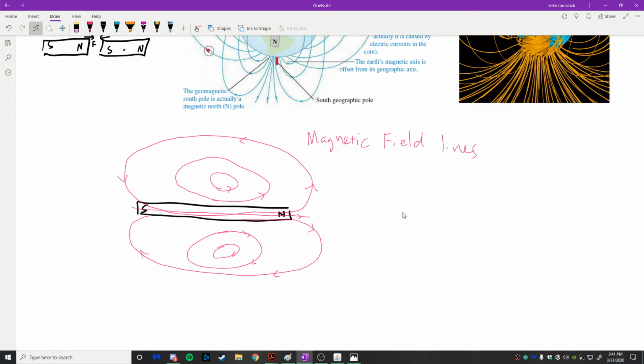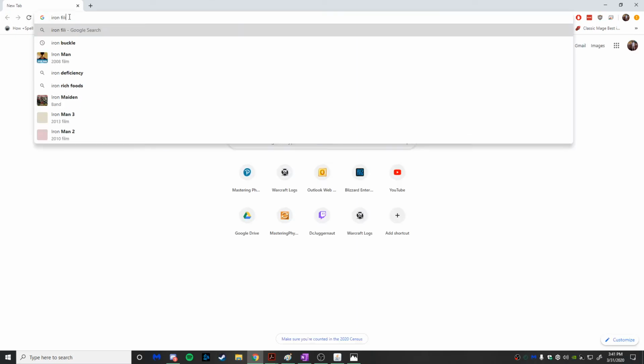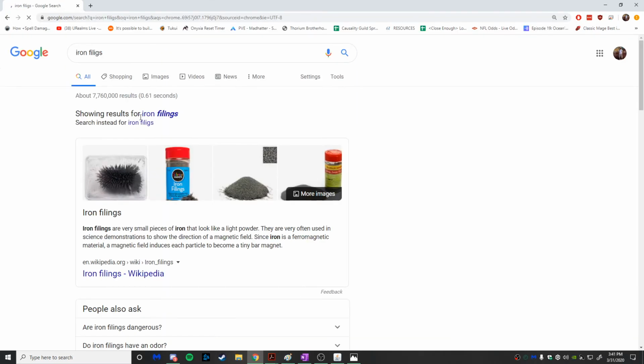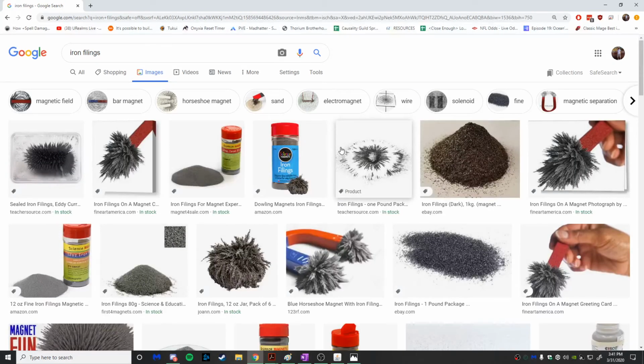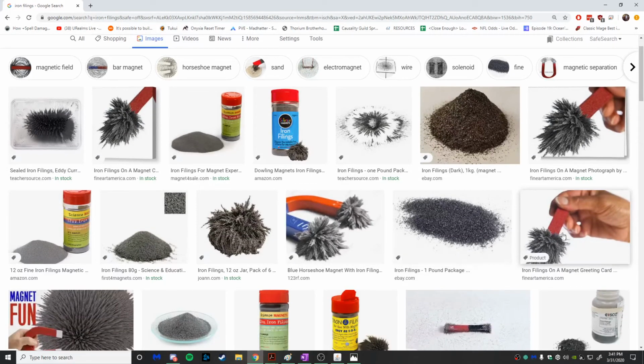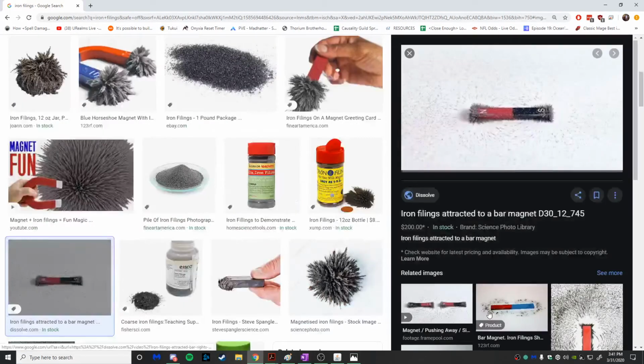And something you may have seen before is if I go to here and I look for iron filings, you can see a picture of what these things look like. Here's an example right here. This is an even better example right here.